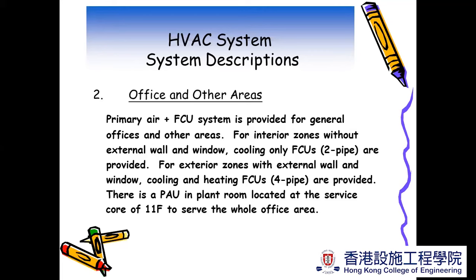And for the exterior zones with external walls and windows where solar gain is available, they will provide cooling and heating with fan coil units on a four-pipe system. And the PAU, which is the primary air unit, provides fresh air in the plant room located at the service core of the 11th floor to serve the whole office area. So this is the original design.